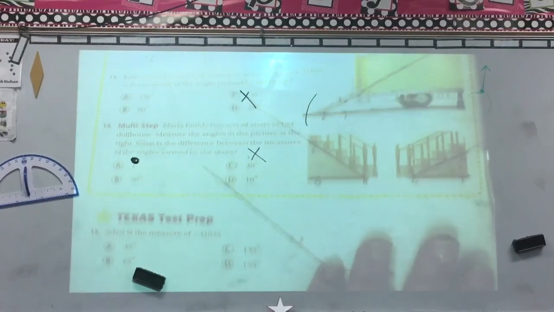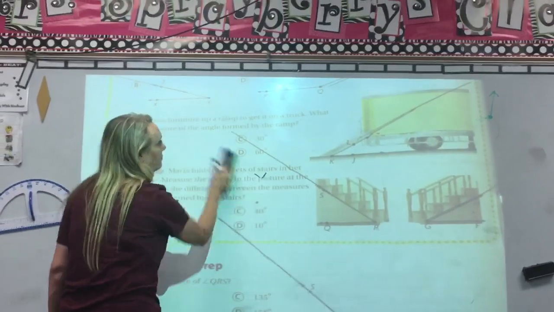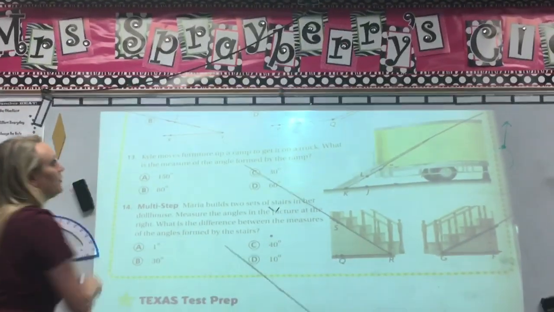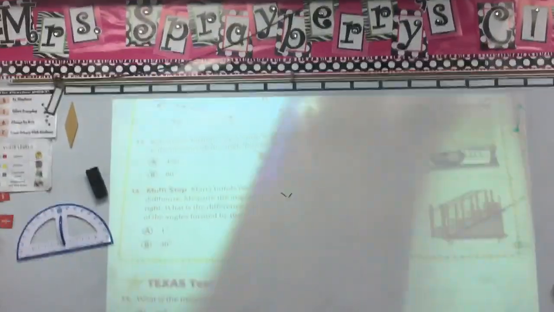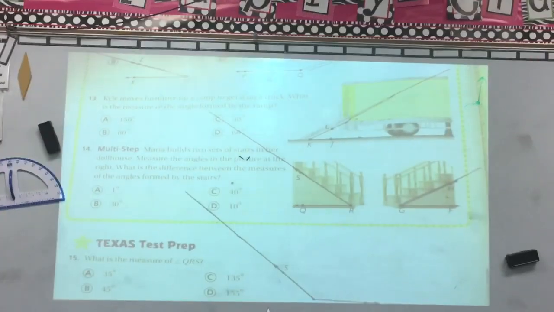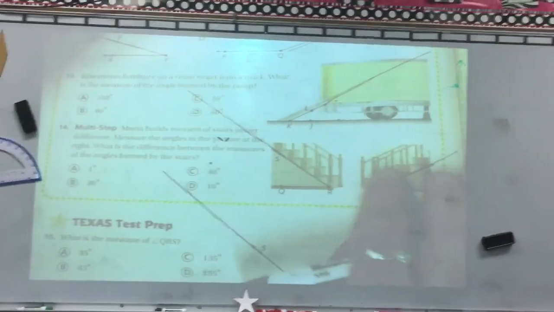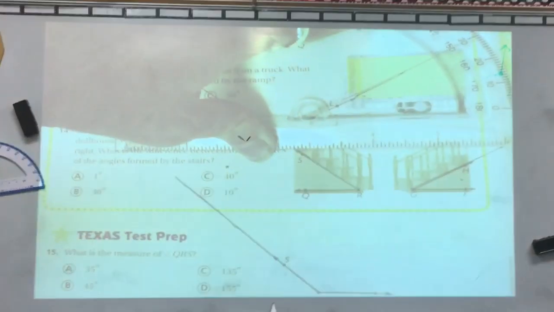Number 13, Kyle is moving furniture up a ramp to get it on a truck. What is the measure of the angle formed by the ramp? As you can see, I took the side of my protractor and extended the arm of the ray, and now I can measure the angle of the ramp. Put your vertex on K, and read the correct scale.